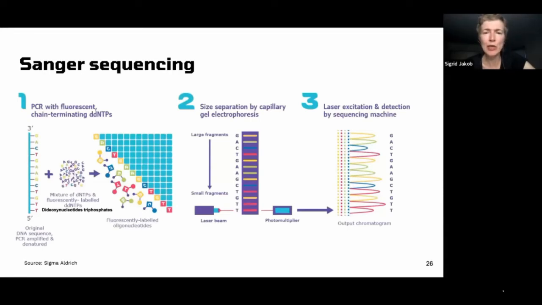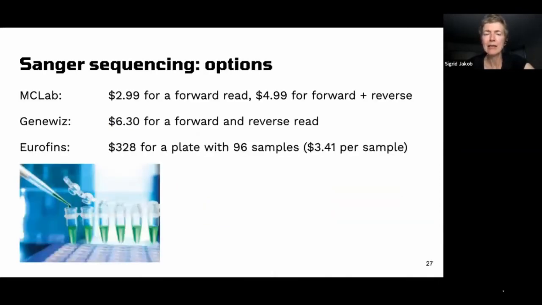And then they get sorted into sizes between large fragments and small fragments, and then a laser beam gets shone through them, and then through a photomultiplier, and that eventually shows up as a letter code in a chromatogram. So it takes all the different bits of DNA that are floating about, and every single base of that piece of DNA gets translated into one of those beautiful arcs, a G or an A or a C or a T. They all have different colors that correspond to them.